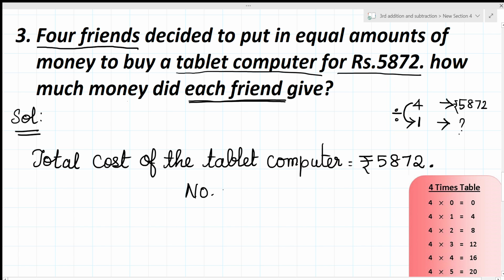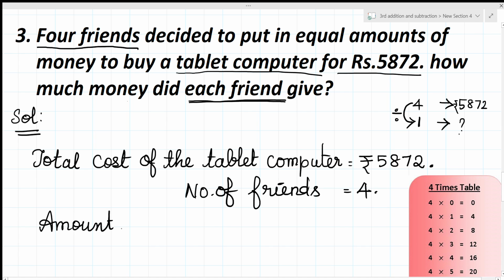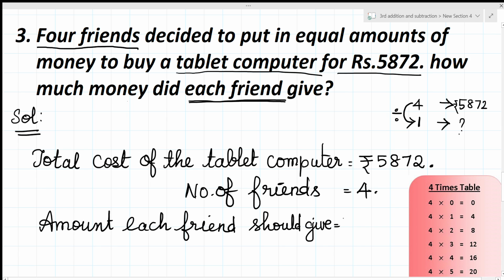So, number of friends, that is 4. Now, what we want to find? Amount each friend should give. How can we find the amount? Yes, we are going to divide the rupees 5,872 by 4.